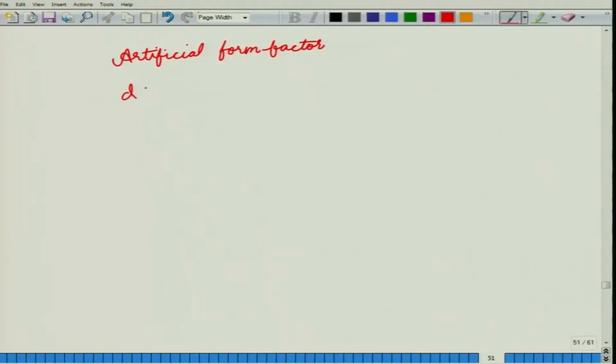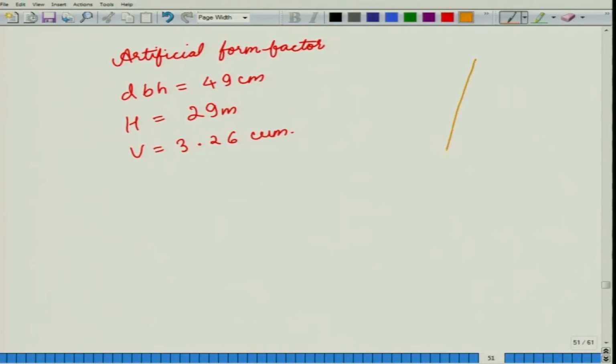Now, looking at the question, you have dBH equal to 49 centimeters, height of the tree, let us represent it by capital H, equal to 29 meters, and the volume of the tree. Now you know how to calculate the volume as in the previous example. Here you have the volume of 3.26 cubic meters, and you are asked to find out the artificial form factor. So, how do we get it?